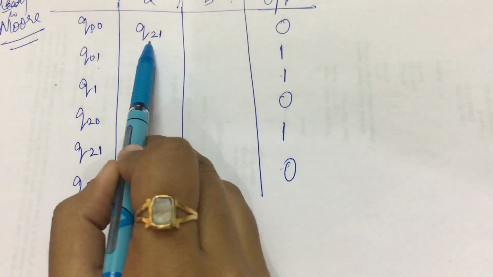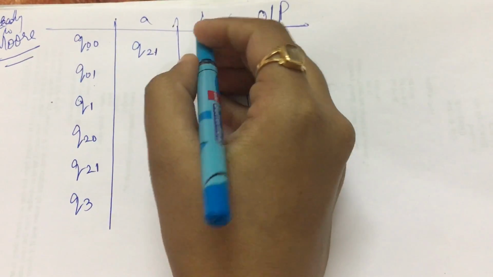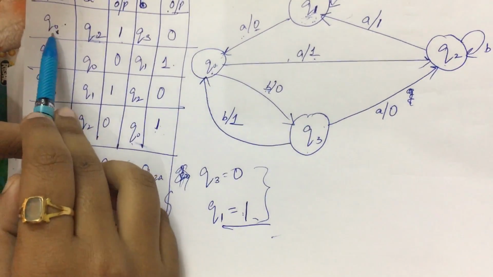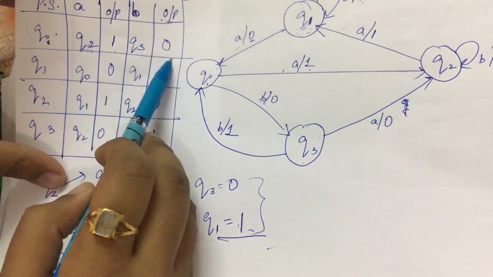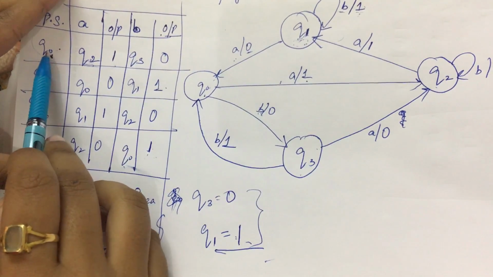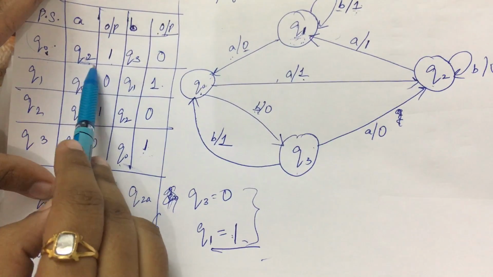Why? Because Q2 1 is the state of Q2 which is giving me output 1. Okay, then Q3 as it is, because it has not been divided into two parts. Then Q naught 1 again, that is going to take its existence from here because it is a part of Q naught. So Q naught 1 also, when takes A as input symbol, gives me Q2, but which Q2?